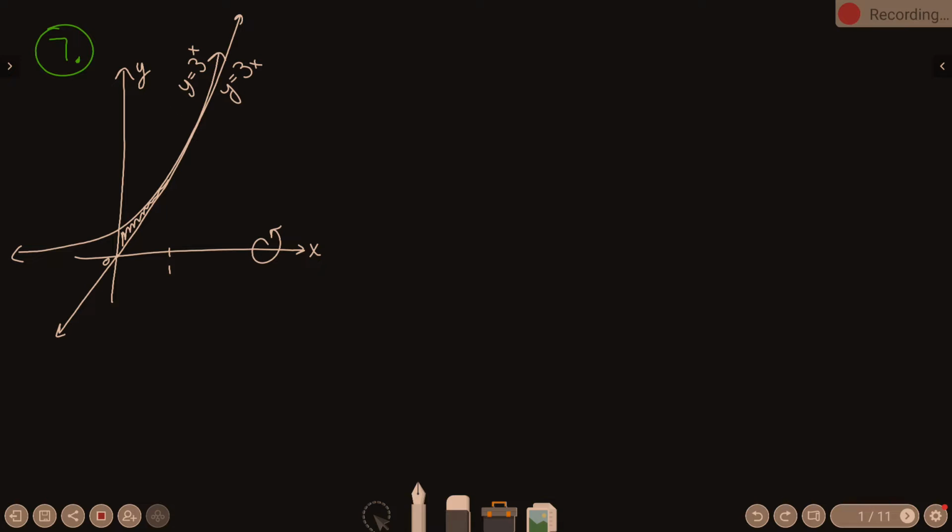x-axis. Now, because we are revolving around the x-axis, there's a gap here, isn't there? There's a gap between the bottom function and the x-axis, and that's what tells me this is a washer method. So we do need to think washer method.